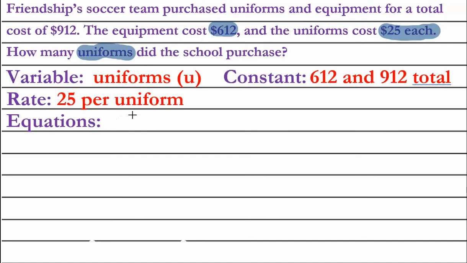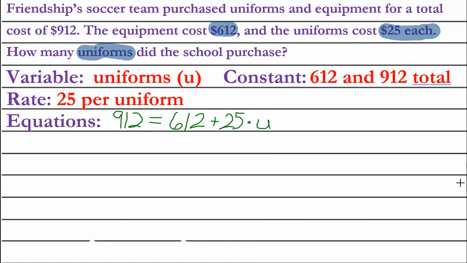So the one that I'm going to demonstrate first is when we have a bill, we have the total, 912, and then we build after that. So the total 912 equals our initial cost, our constant 612, plus our rate 25, and the rate always is multiplied to our variable.